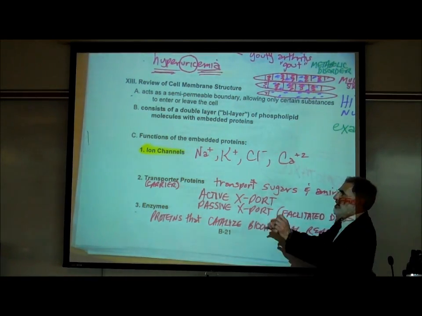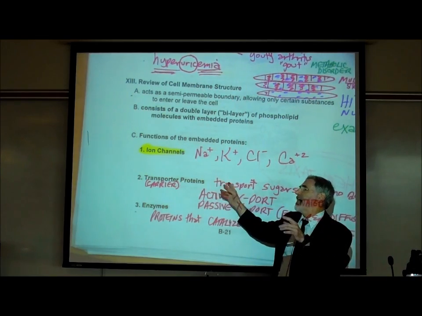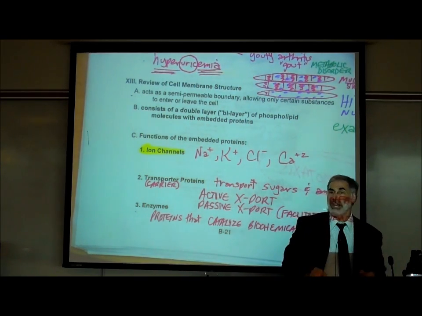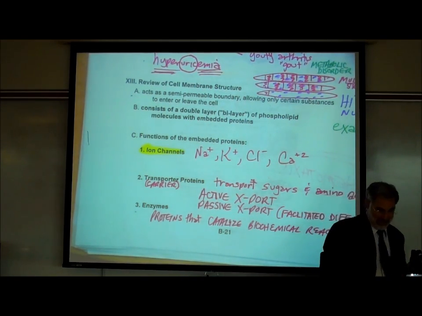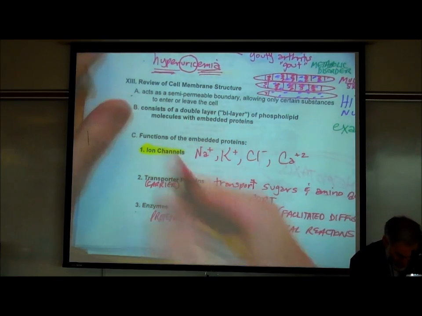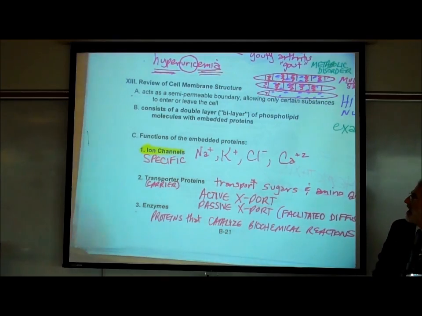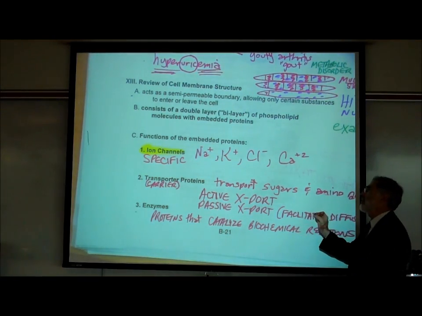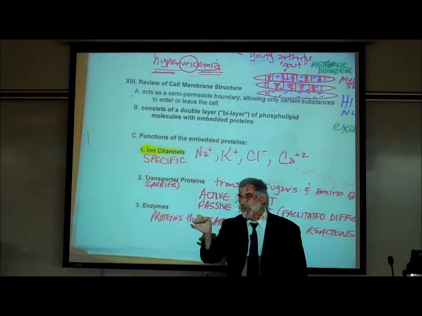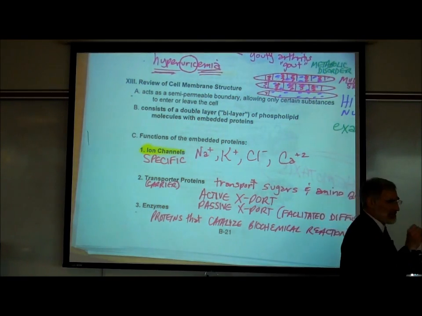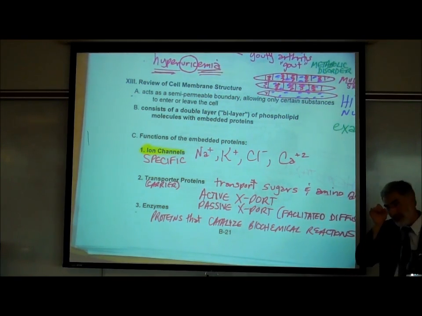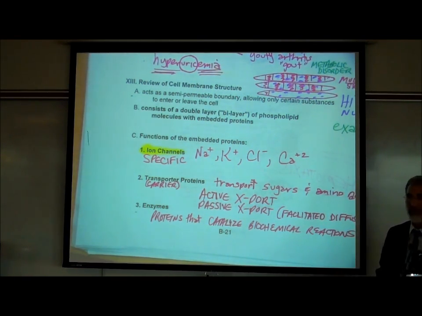In other words, it's not like all these ions flow through the same ion channel. They are specific. So the sodium ion channels are only for sodiums to flow through, and the potassium ion channels are just for potassium ions to flow through. So they're very specific.